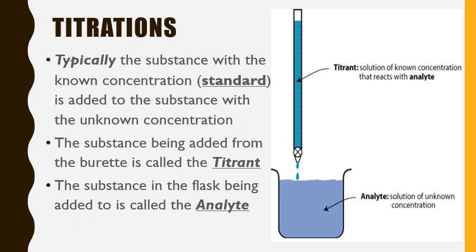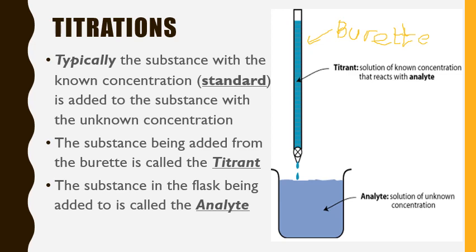Now, this is how we would typically set up a reaction. Remember, in a titration, we're using this special piece of equipment called a burette. So that's what we have right here. This is a burette. I'm writing with a mouse pad, so this is a bit rough.